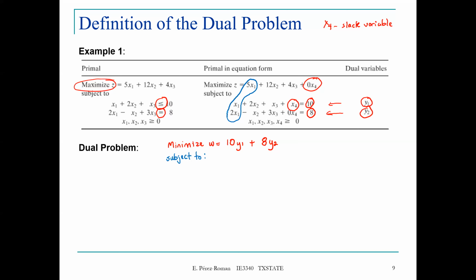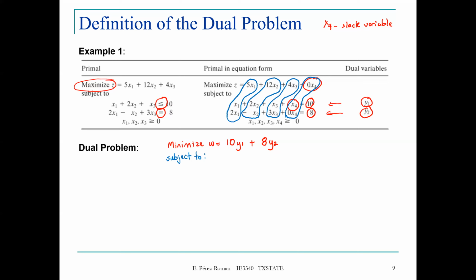So we have x1, we have x2, which has a negative coefficient, and we have x3, and we also have x4. We are going to define a constraint for each one of the variables in the primal.